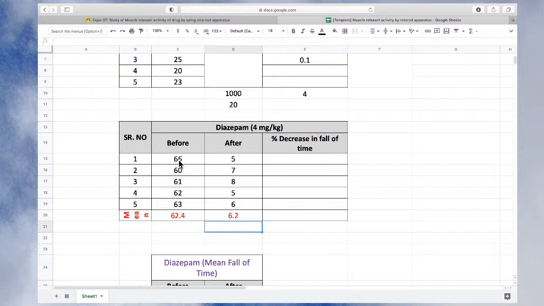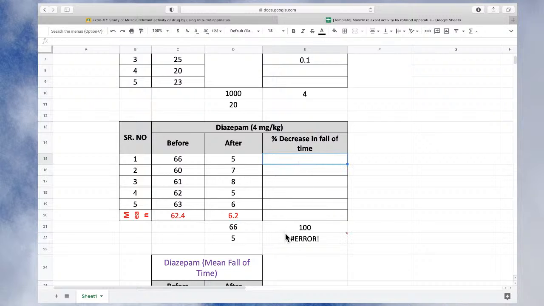Now this 66 is the before treatment reading, so you consider this 66 as 100%. How much is the fall off time decreased? It is decreased to 5. I have written it here. Now you need to calculate the percentage decrease in activity.